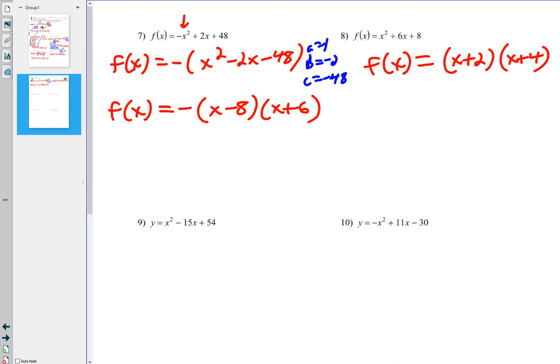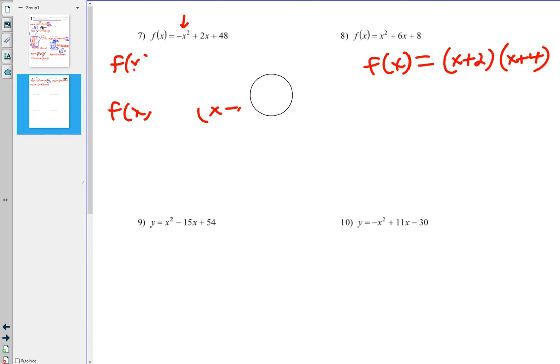Not a 2 and 4. Number 8. Where is that going to cross the x-axis?